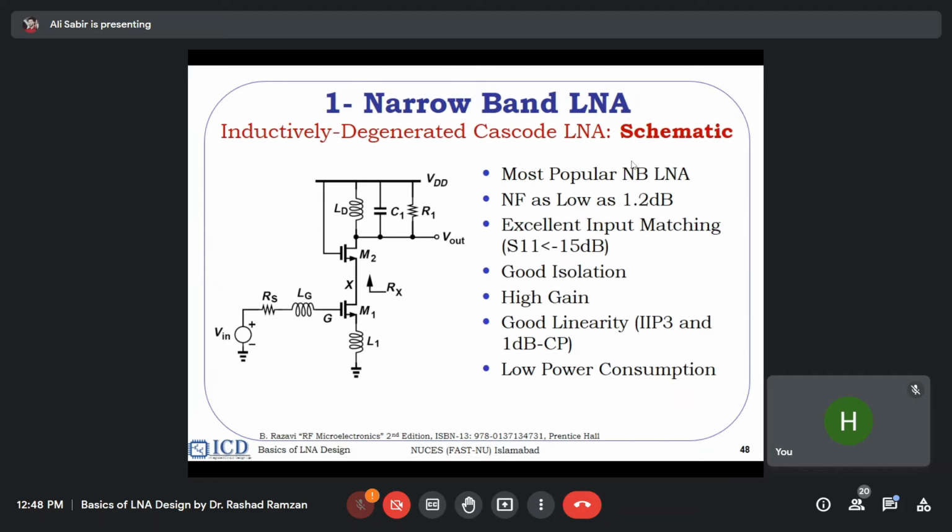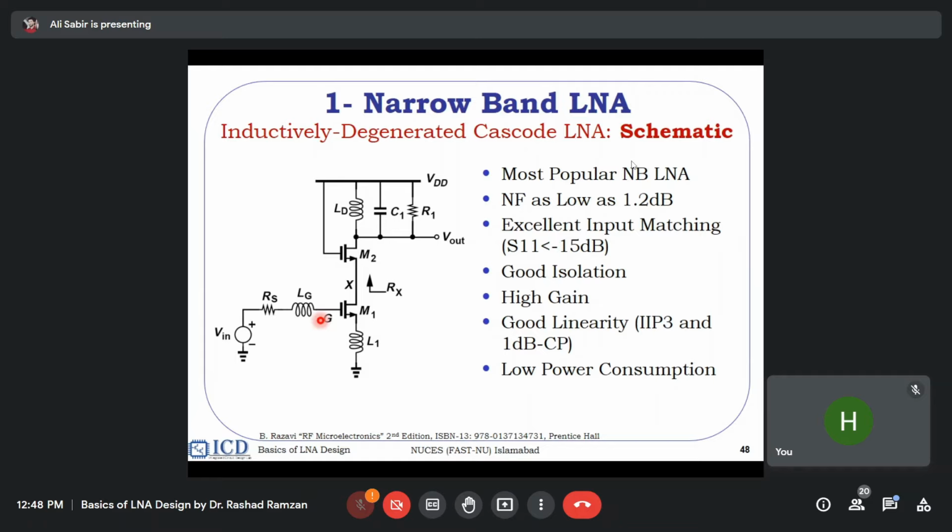Now the narrowband LNA. If you look at this LNA, for the time being just assume this inductor is not there, this inductor is not there, this transistor is not there, and this L and C is not there. So what is it? It's basically a common source LNA. So why do we put this inductor here and here? Because in the case of a common source LNA, the input impedance is very high.